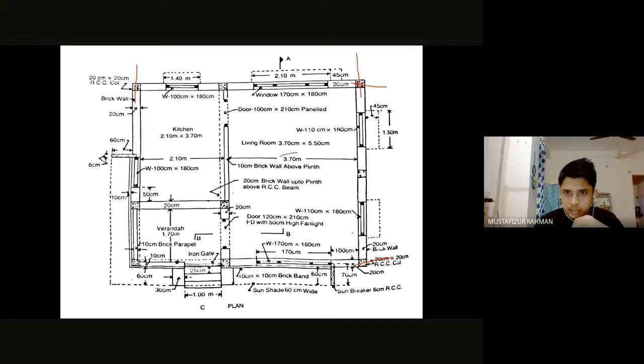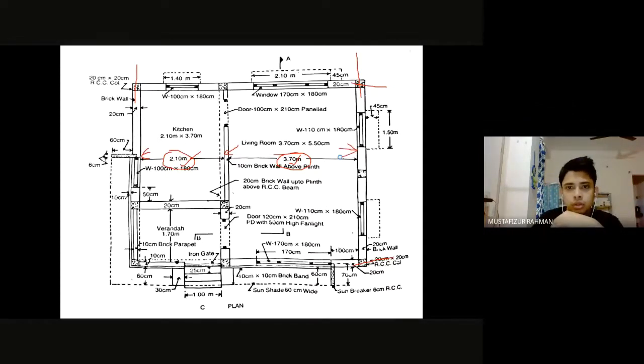This room, this is the dimension here, 3.70 meter. And this room in the kitchen, this is the dimension here, 2.10 meter, right? So this value, then there is this 10 centimeter thick wall. Okay, it is a half brick wall, 10 centimeter thick here, and then we have full brick 20 centimeter and 20 centimeter wall on the other side.